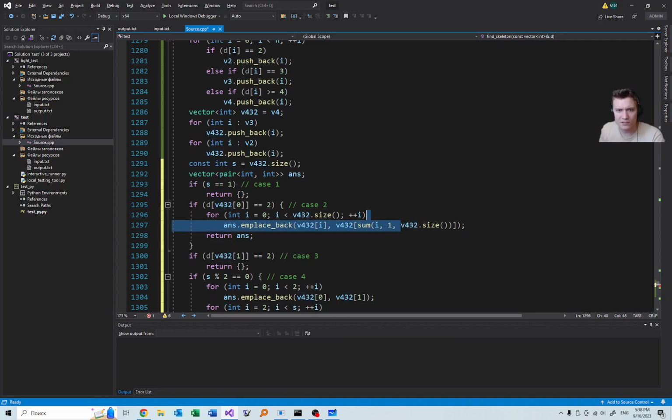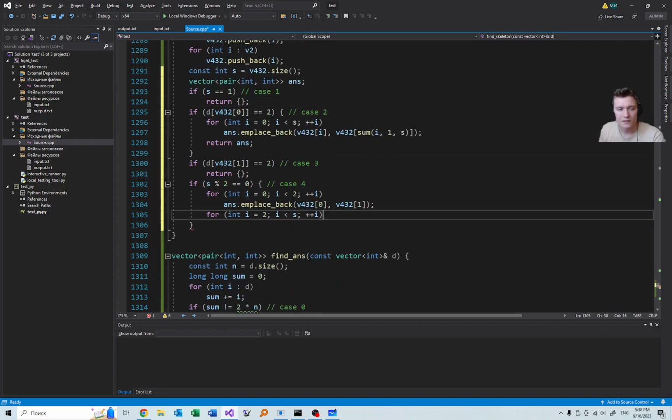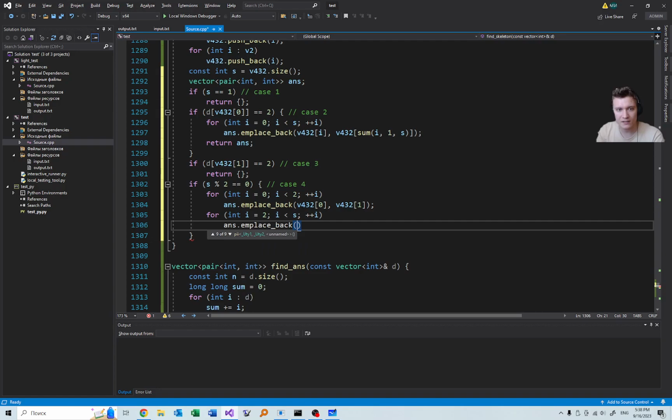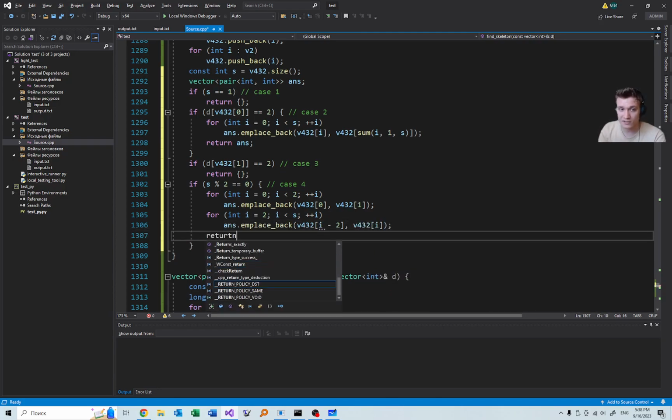I think I don't need size here. I can just put s. Now we iterate from the second till the s vertex, and we say that ans.push_back v[i-2] and v[i]. And that's it. This is the needed skeleton.